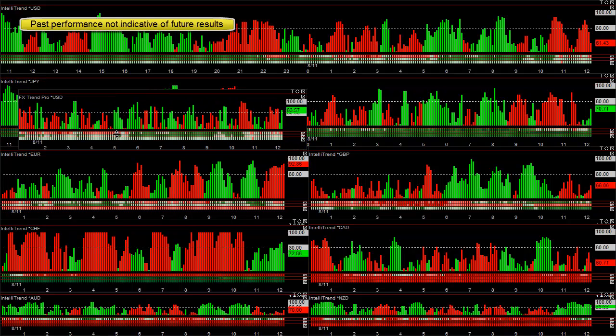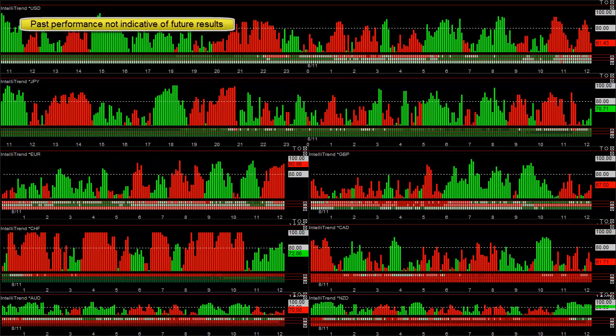As you can see, it had daily, weekly, monthly trend that was up. It had brief amounts of 10 minutes here, 10 minutes here, 5 minutes here of weakness, but for the most part it was relatively strong, even right before 8 o'clock here. So the dollar Swiss was one of the better currencies to be looking for buys.